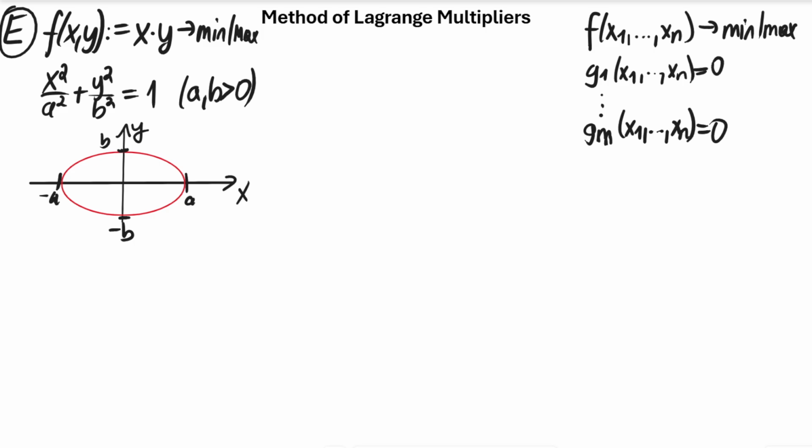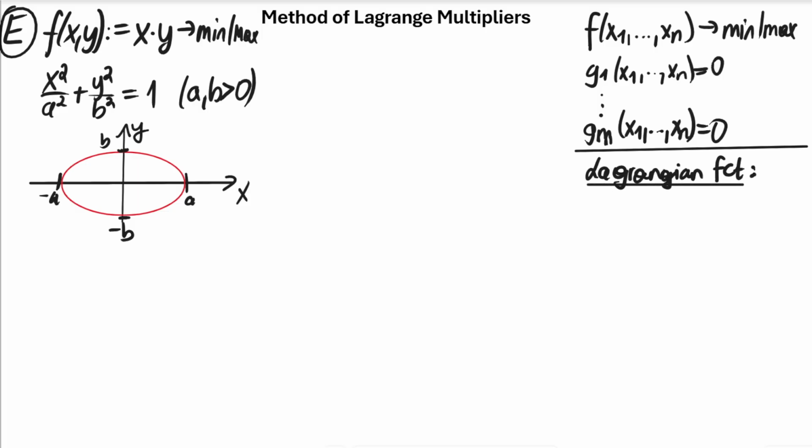Then the general theory says we have to set up a so-called Lagrangian function, or some people just say Lagrangian. So what is that? It is a function L depending on all the n variables. In addition, this function depends on the m parameters for the constraints, so lambda 1 up to lambda m. And how is it defined?